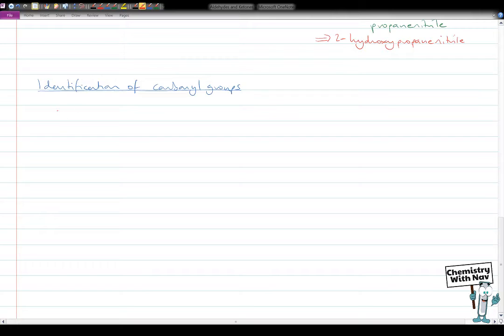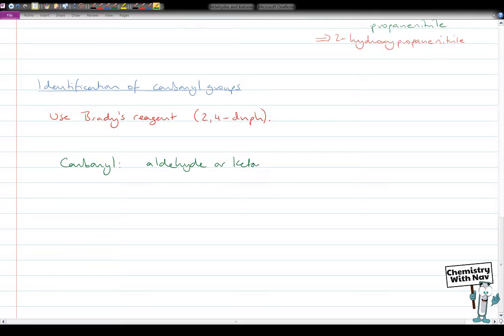So this time we use Brady's reagent, which is 2,4-dinitrophenylhydrazine, shortened to DNPH. And if you have a carbonyl, so that means an aldehyde or a ketone, then you get an orange precipitate formed.